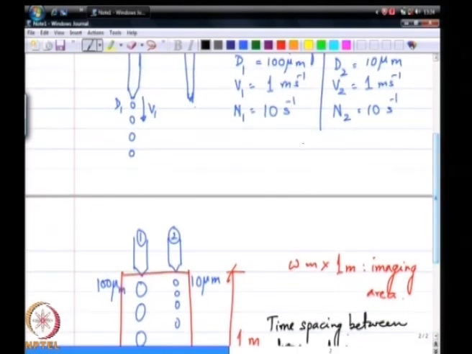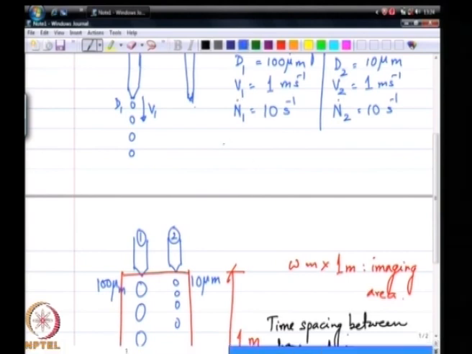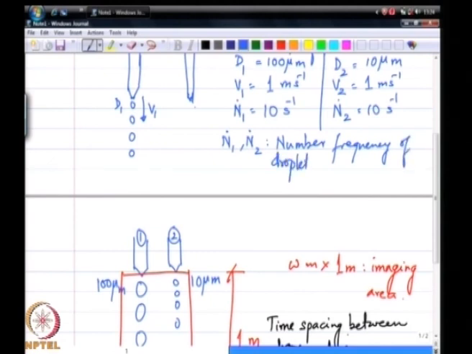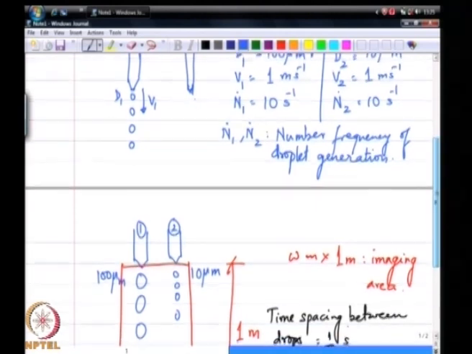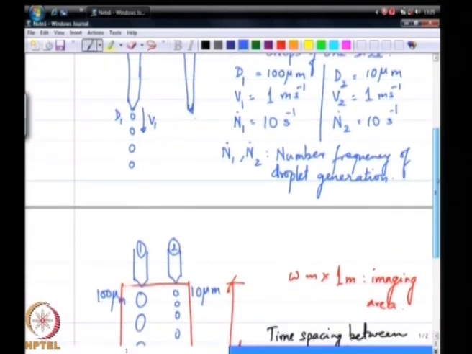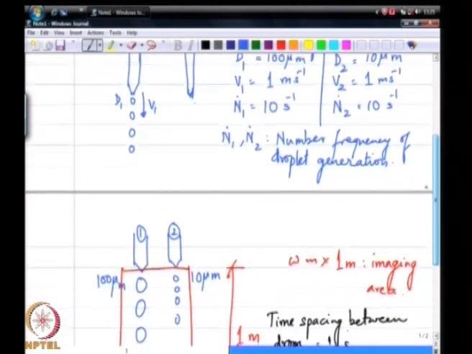This is coming from the fact that N1 dot is the number production rate. So, N1 and N2 are both 10 per second, which means I am producing one drop every 1/10 of a second, which is the same as saying the time spacing between the drops is 1/10 of a second.